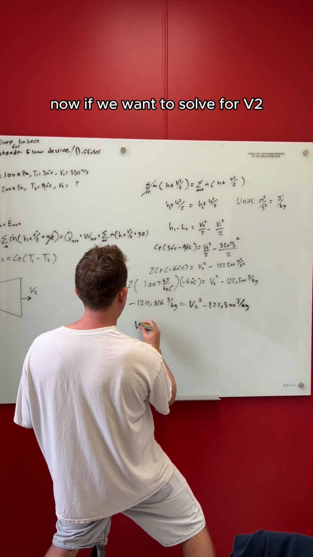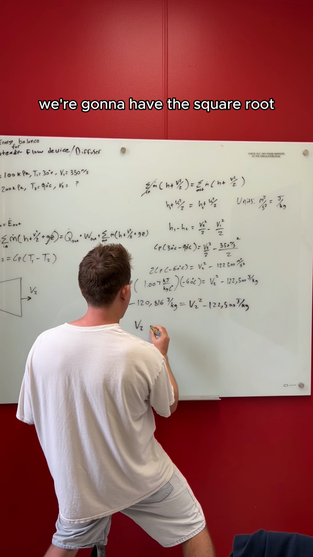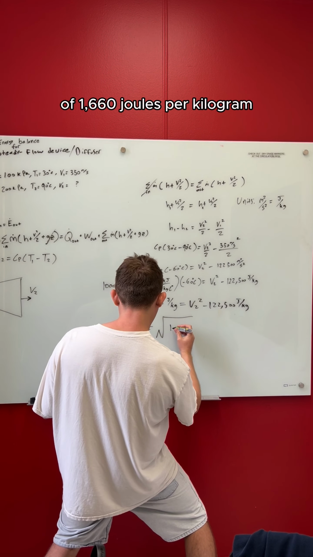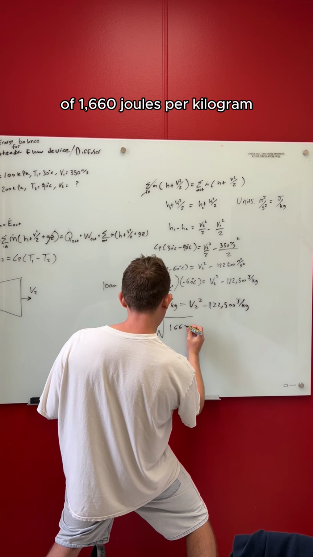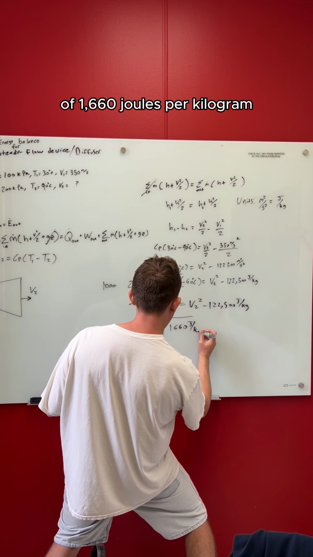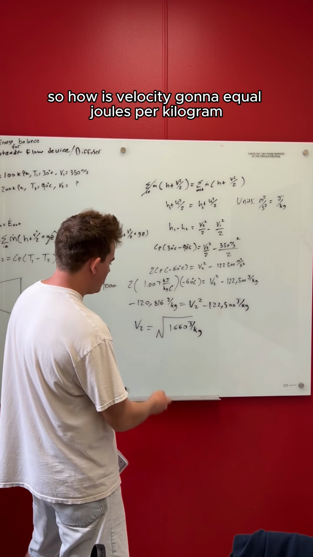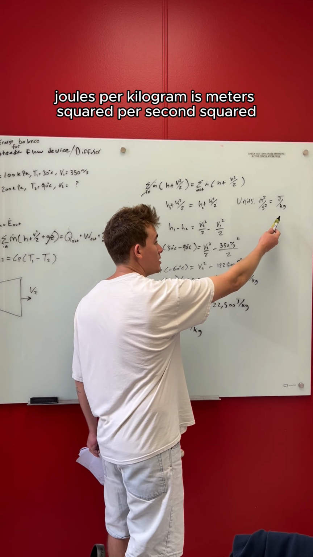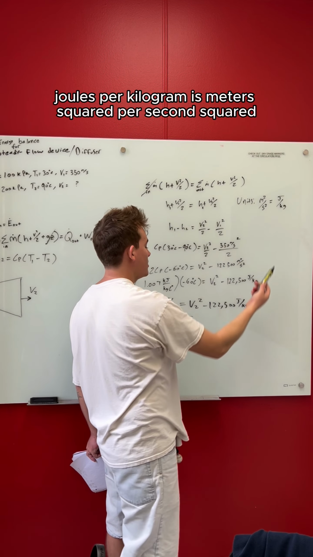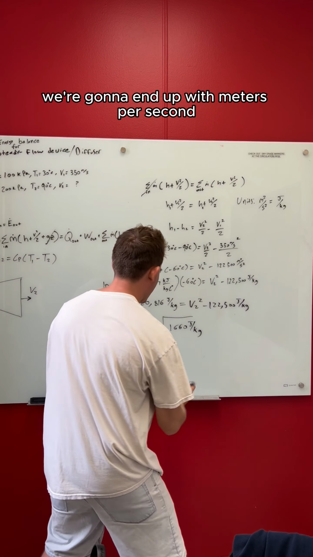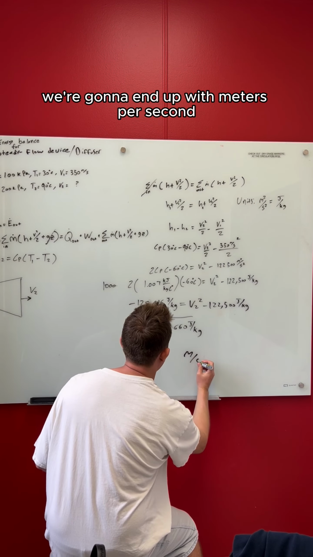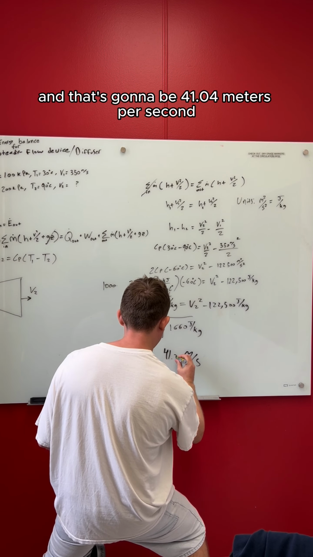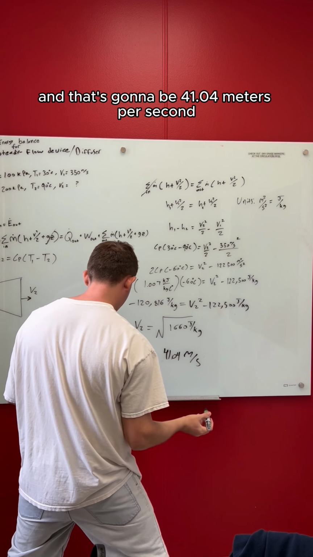Now if we want to solve for V2, we're going to have the square root of 1,660 joules per kilogram. How is velocity going to equal joules per kilogram? Remember, joules per kilogram is meters squared per second squared. So when we take the square root of this value, we end up with meters per second, and that's going to be 41.04 meters per second.